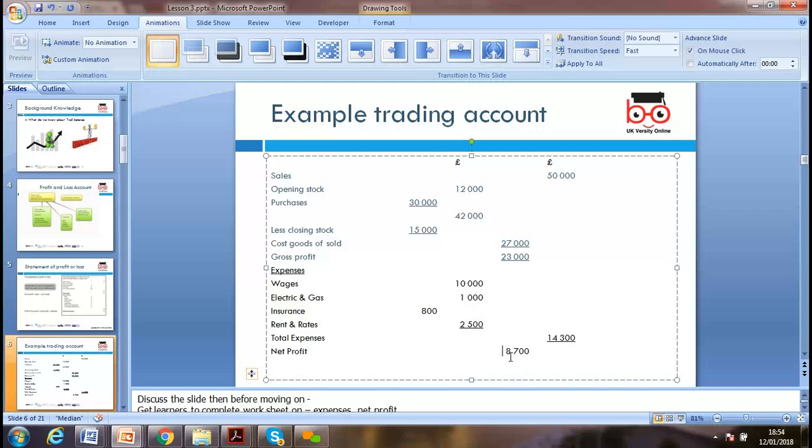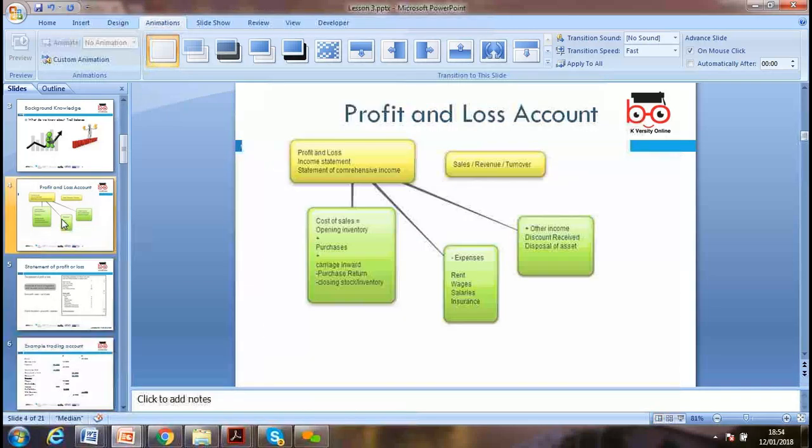So this is called profit and loss. This slide explains what comes under the profit and loss account: sales, revenue, turnover, and cost of sales, and how we can calculate it. Expenses we need to minus, and if we have other income like discount received, or disposal of any asset we are selling, we add it. Then we can calculate the profit or loss.